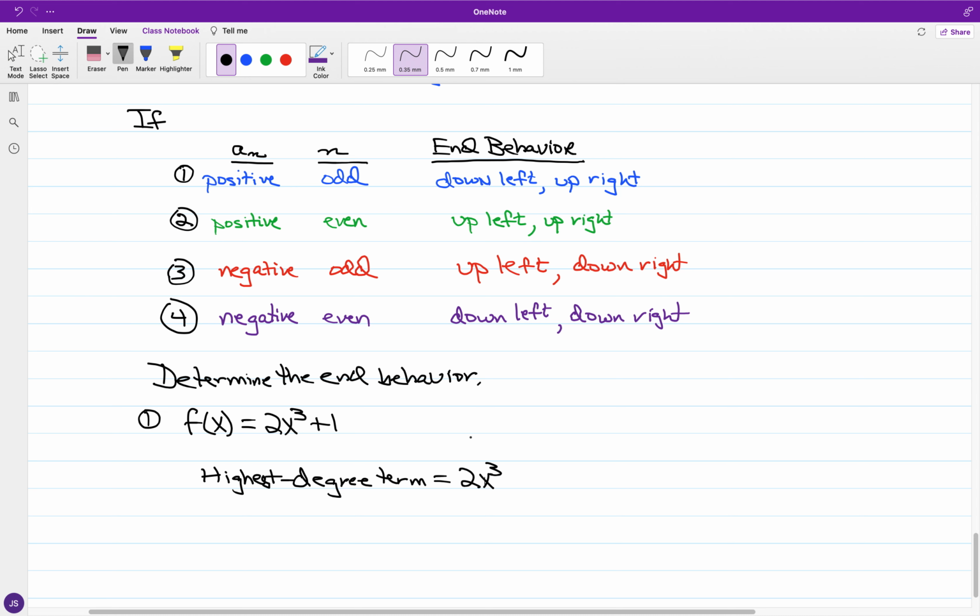All right, so looking at what we have here, the leading coefficient is equal to 2, and 2 is a positive value.